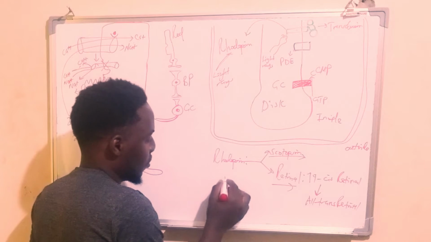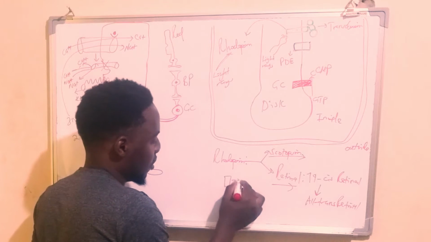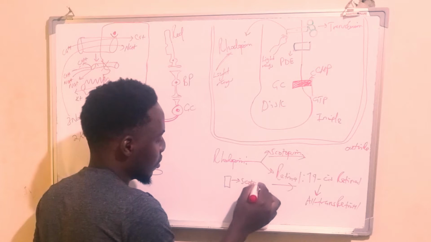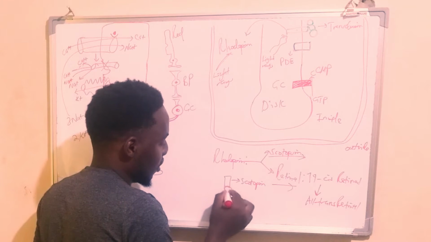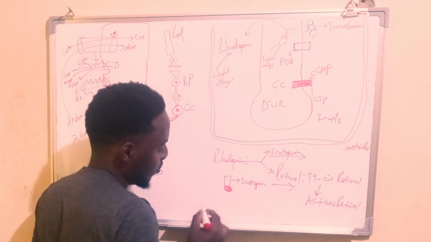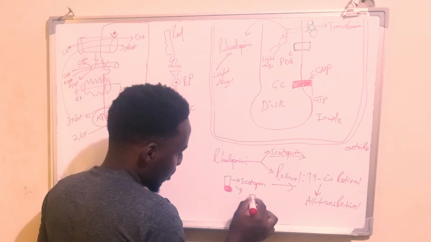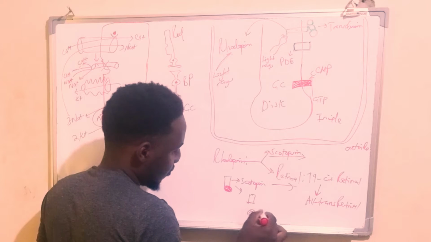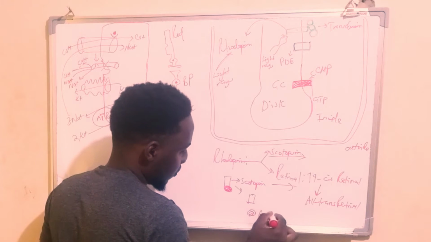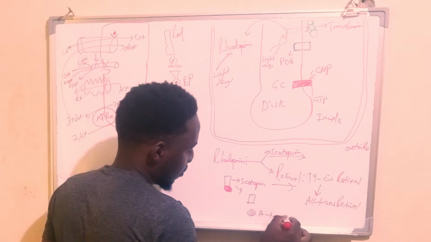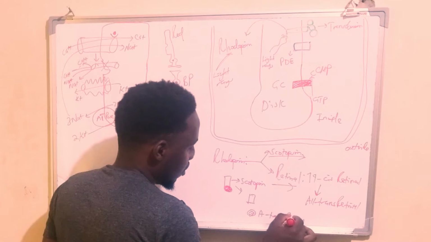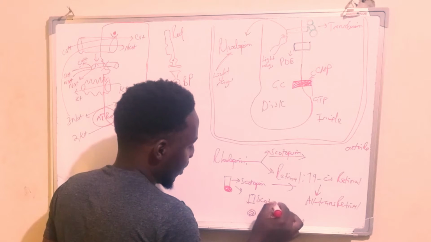So if this was rhodopsin, with scotopsin here and 11-cis retinal at the bottom, they now separate like that. Then you have all-trans retinal here, and scotopsin there.